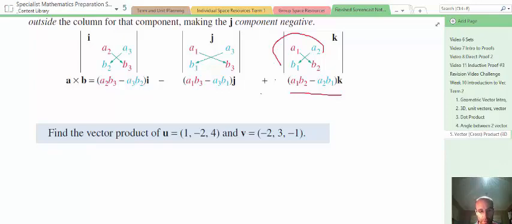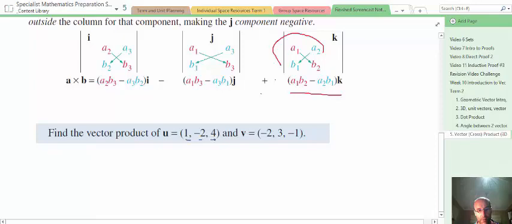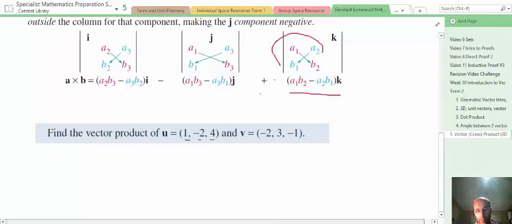If we have to find the vector product or the cross product of vectors u and v given there, they're given in a storage vector type form, but we know that this first vector u would be the same as i plus minus 2j plus 4k.